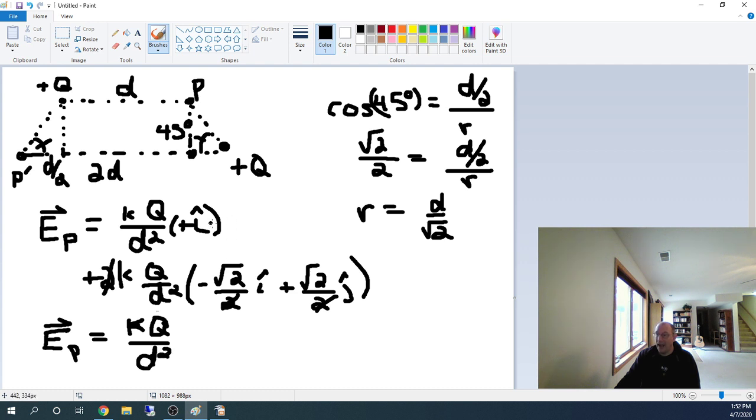Now I've got 1 i hat minus root 2 i hat. Okay, so 1 minus root 2, there's the i hat component. And then the j hat component is root 2 j hat. And it's something like that.